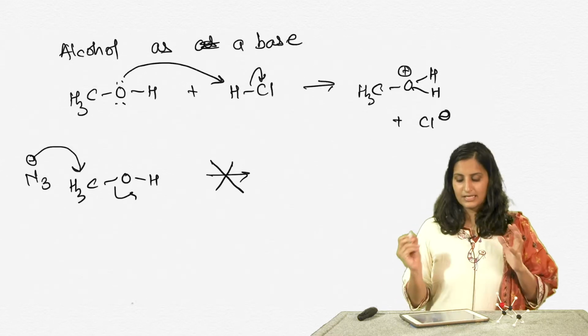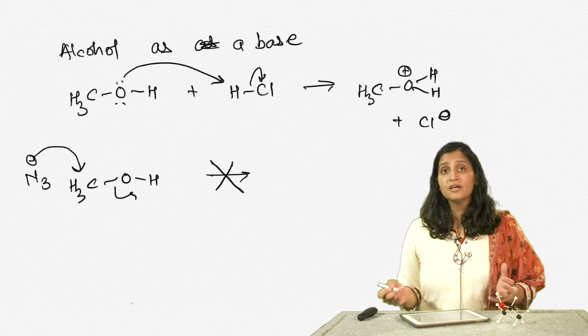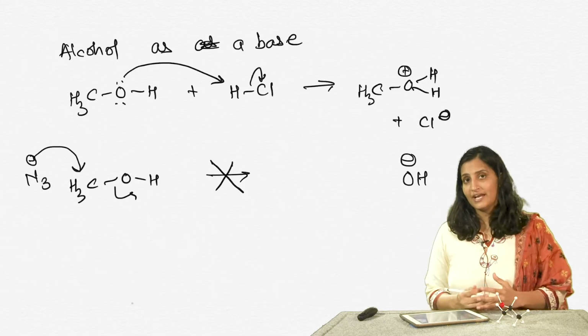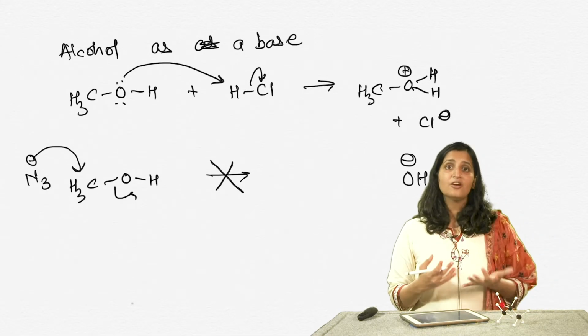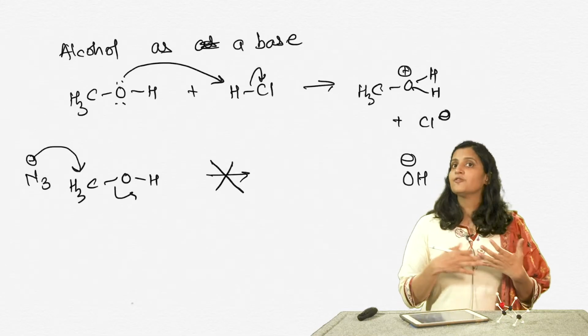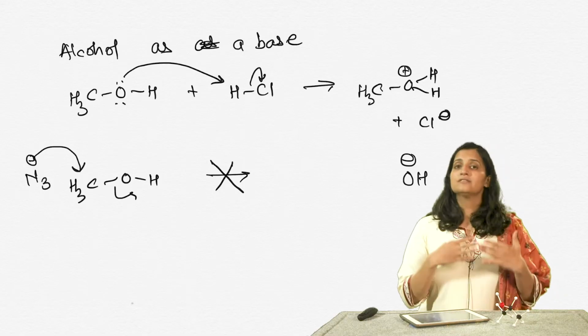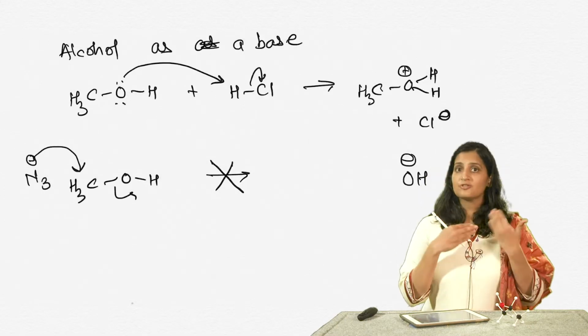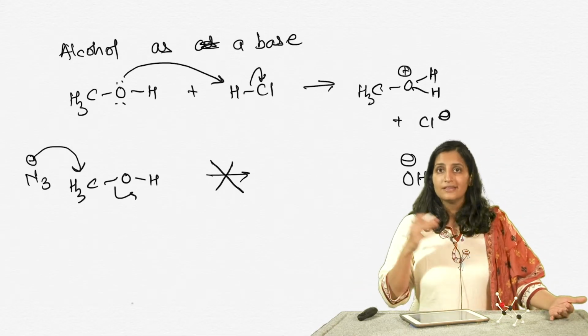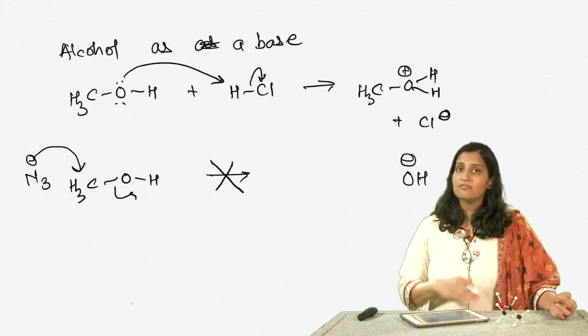But this really does not happen, because if it were to happen, you would be creating a hydroxide ion. Now, hydroxide ion on its own is really unstable, right. If you want to think about it, hydroxide is a really strong base. Its conjugate acid, water, has a pKa close to 16, thus making it a very bad leaving group.